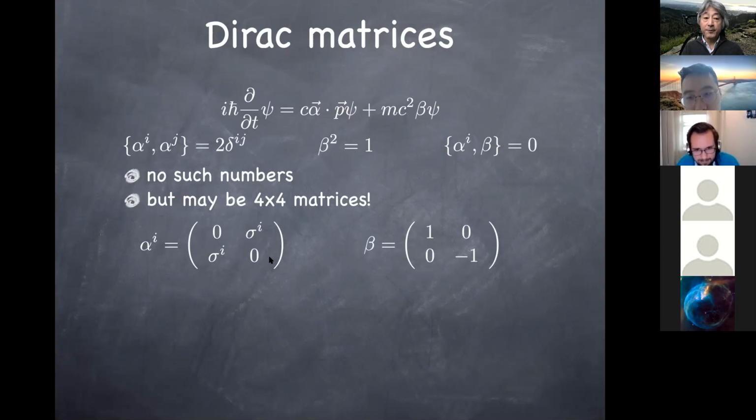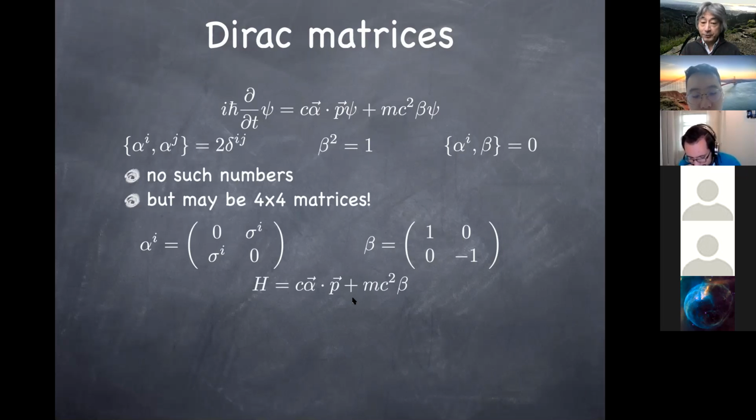It's very easy to verify that these three alphas and one beta satisfy all the requirements from the previous slide. So the Dirac equation is actually a matrix equation with the 4x4 matrices alpha and beta, and therefore this psi wave function has to be a 4-component column vector. That's an inescapable conclusion from the requirements on the previous slide.